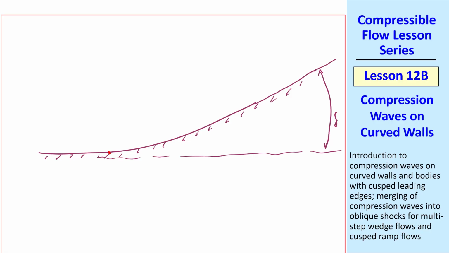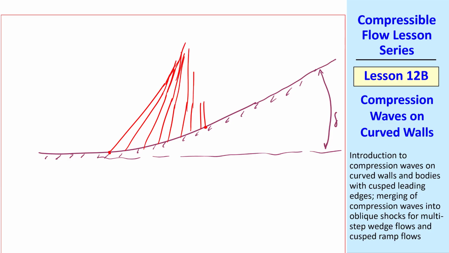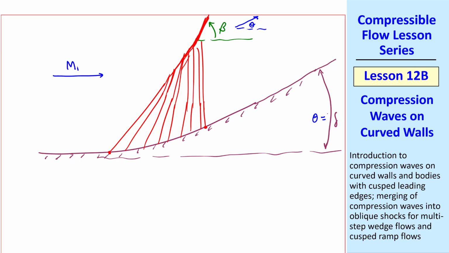But where the curvature starts and ends, we have oblique shocks, actually an infinite number of them, and because each downstream one has a higher angle, they start to merge. This is a complicated region where things merge, and let me clean it up a little bit here. But eventually they all merge into one oblique shock of angle beta and turning angle theta, which is equal to delta.